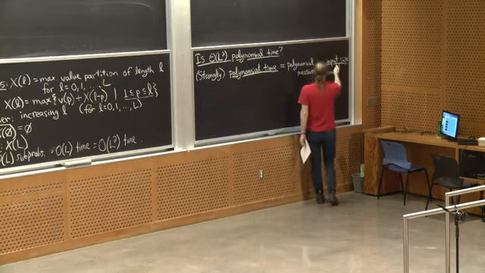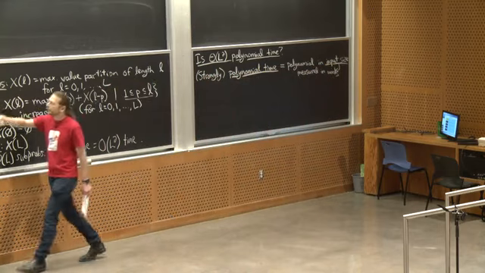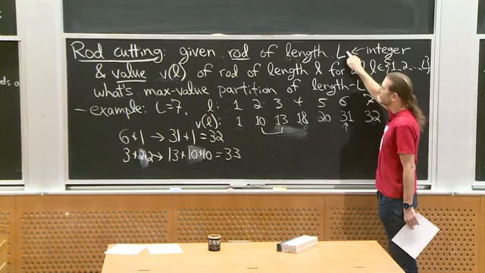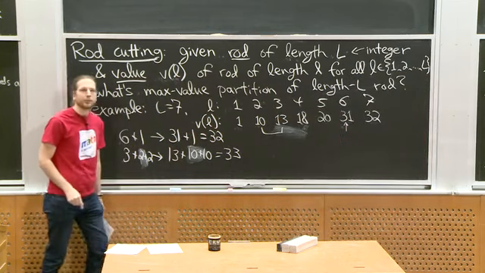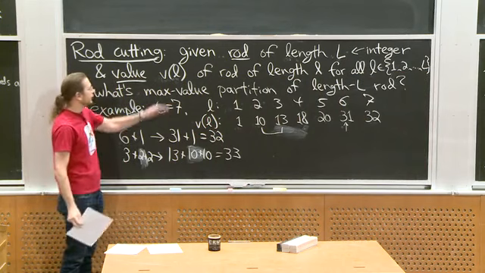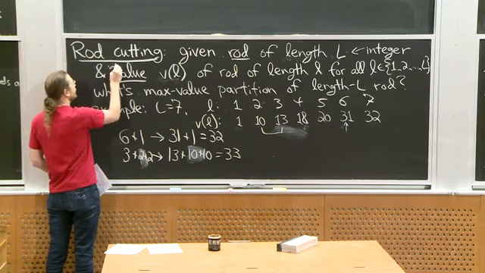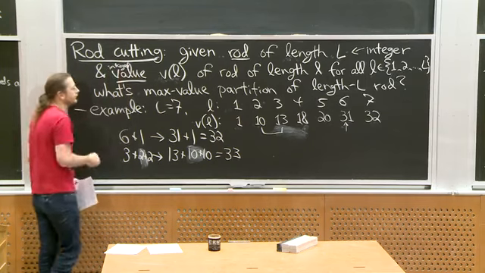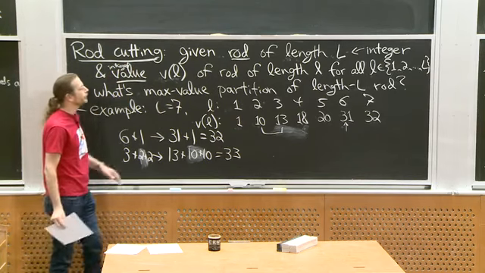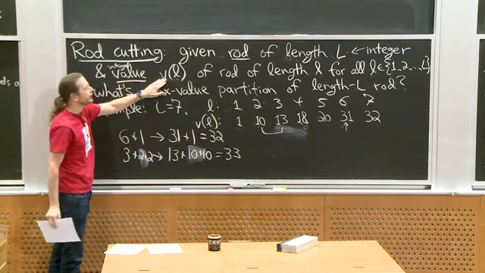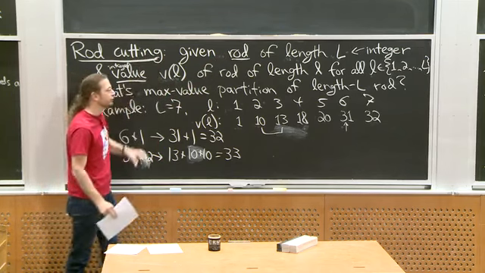So the natural way to measure the size of an input, in this example, rod cutting: the input is a single number L and this value array V of L, which is capital L numbers. So I would say integers. Throughout this class, we assume that all the integers, unless otherwise specified, fit in a word. So we've got one word here and L words here. So the total size of the input to this problem is L plus 1 integers.